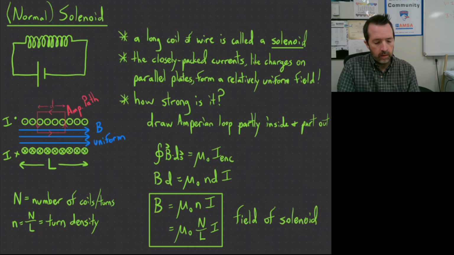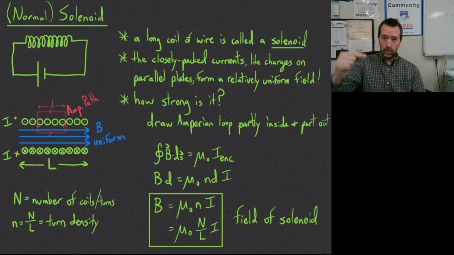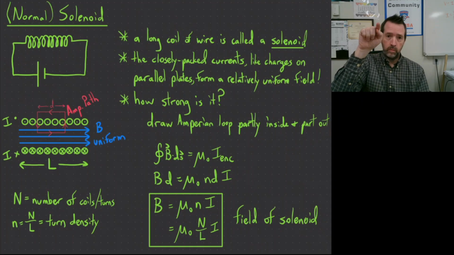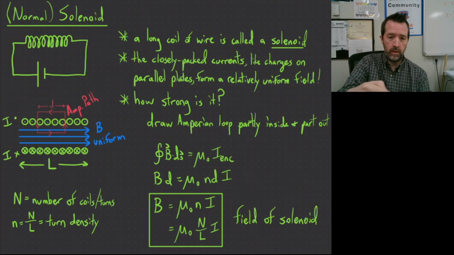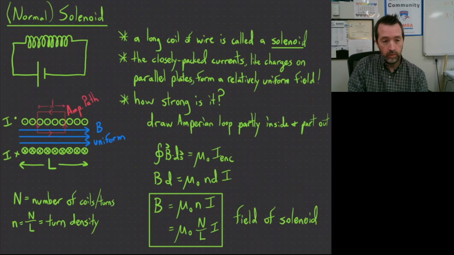So the idea is that the current is going around in these circles. At the top, the current is coming out of the screen towards you, and then it wraps down around, and then it goes into the screen at the bottom, and then behind the screen it wraps back up again. So I've drawn an array of dots on the top, an array of x's on the bottom to show those current directions.